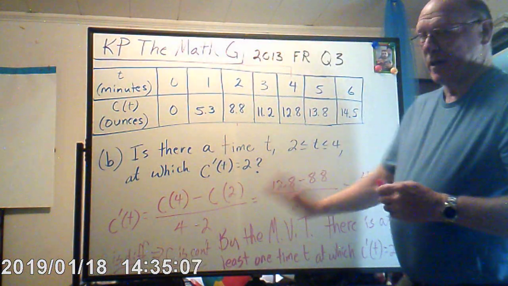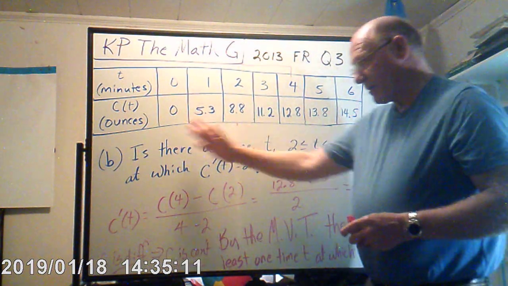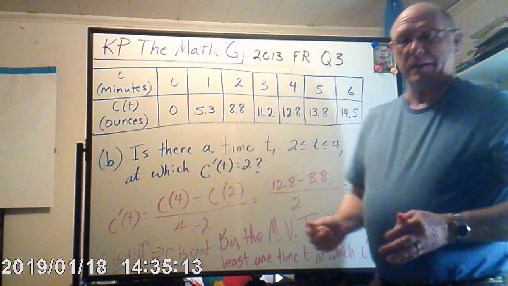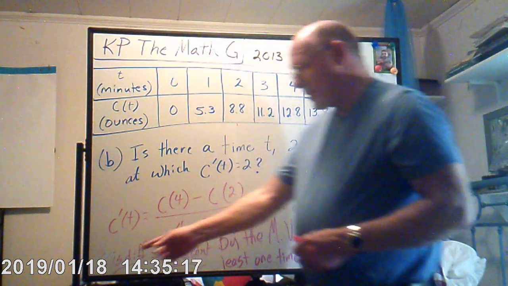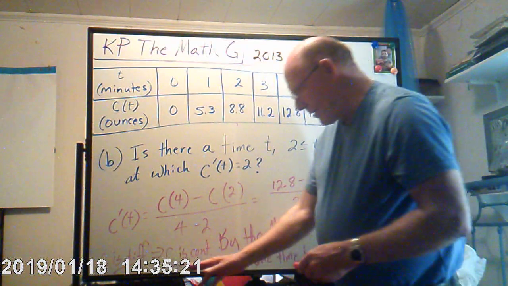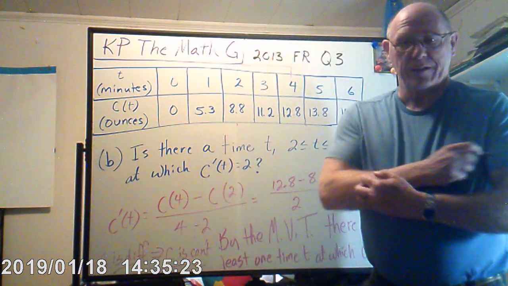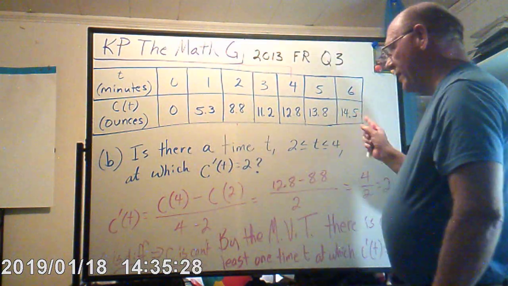They want to know, is this graph broken anywhere? No, it's not, because it says very plainly that C is differentiable, and that implies that C is continuous on the interval, even from 0 to 6.